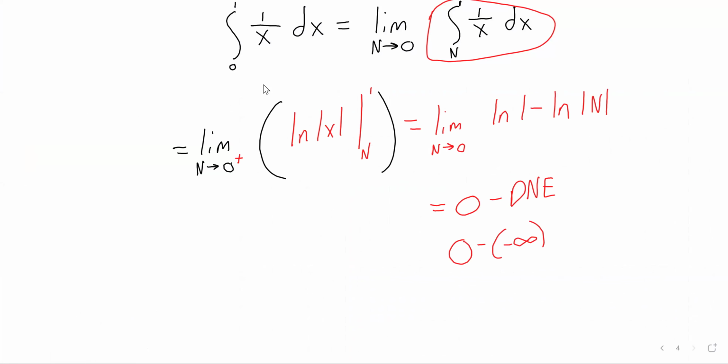Either way, we cannot subtract not a number from 0. If we want to think of this as negative infinity, then 0 plus infinity is infinity. Either way, this limit does not exist.